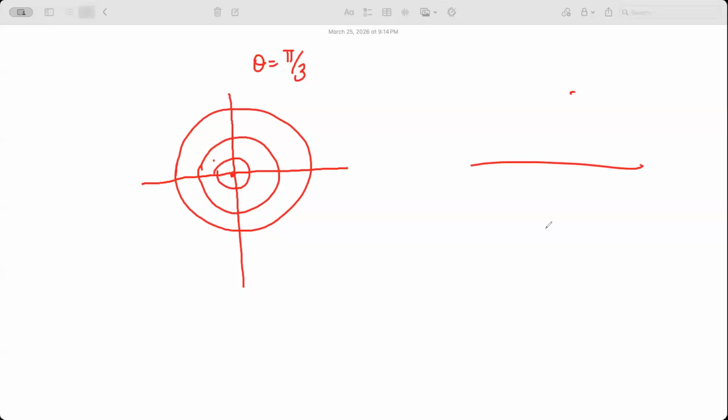In rectangular coordinates, when I said x equals 3, this was our line. When I said y equals 4, the answer would have been this, right? Similarly, when I say theta equals pi by 3, what sort of a graph will it be? Any thoughts?